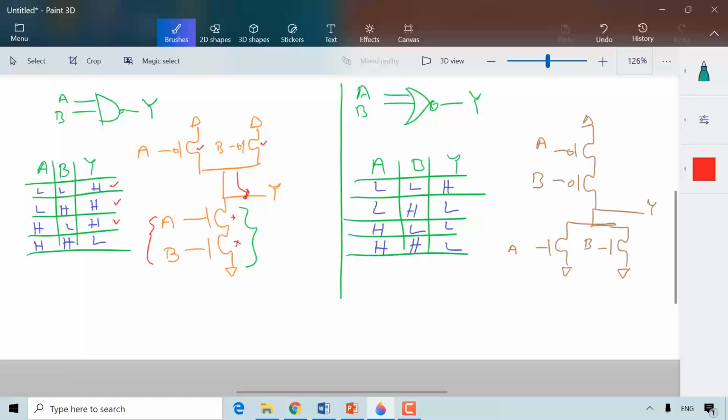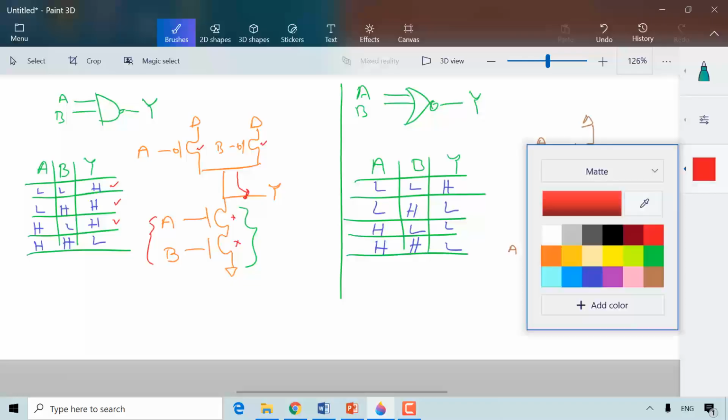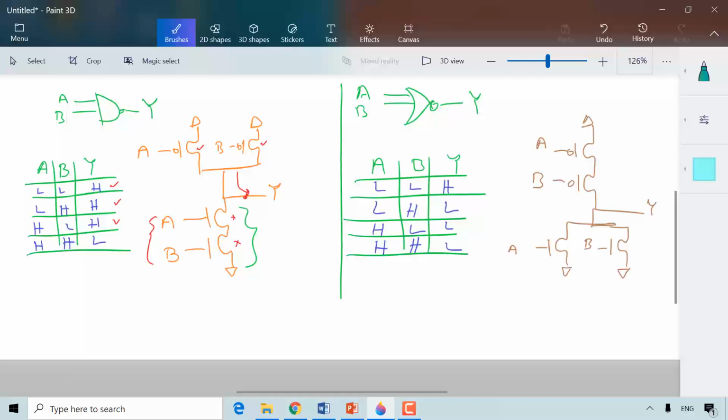There is one case, when both of these are high, then both of them are on, providing a path to the ground. This is where we see the low right here.